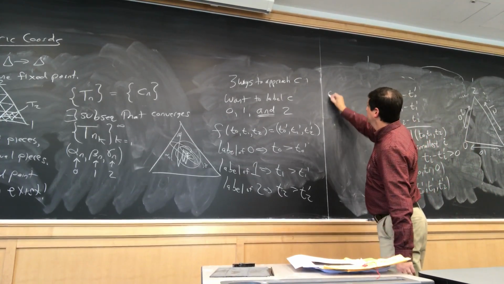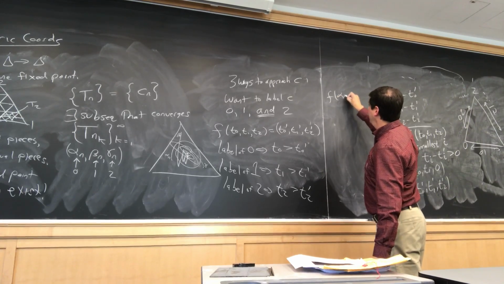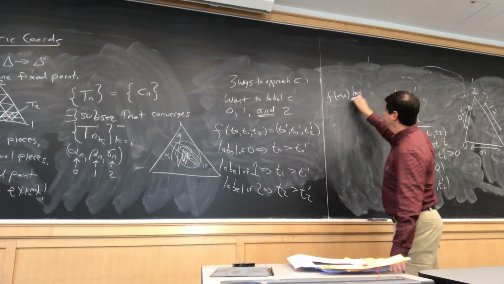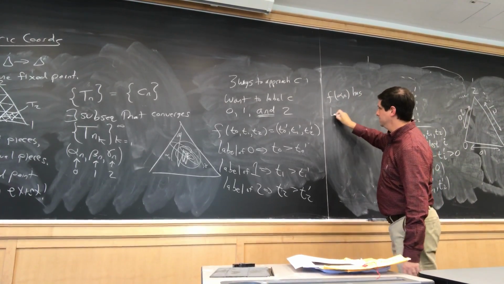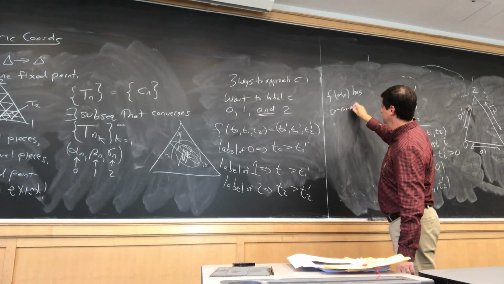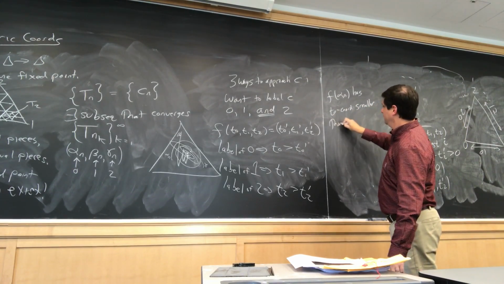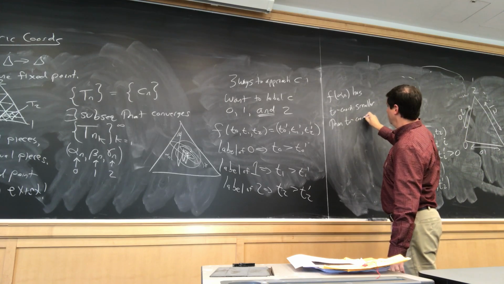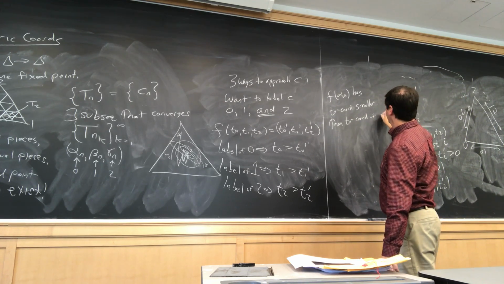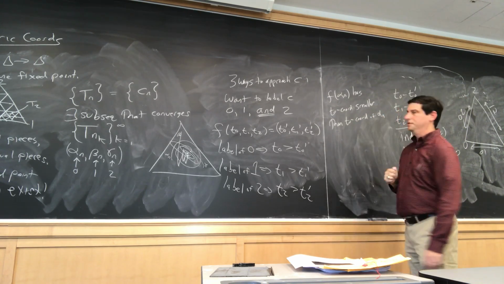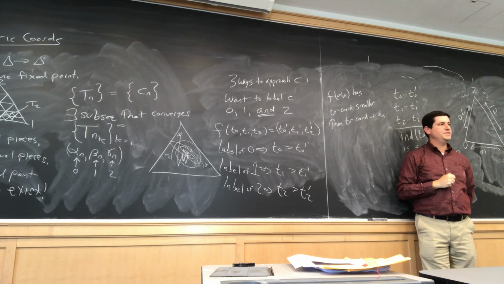So f of alpha n has its t0 coordinate smaller than the t0 coordinate of alpha n. Right? That's what it means to have the 0 label.